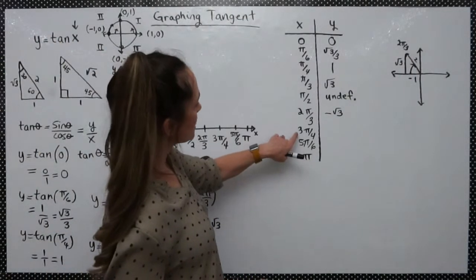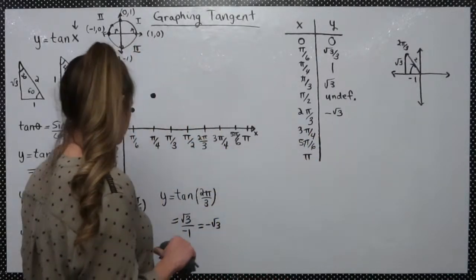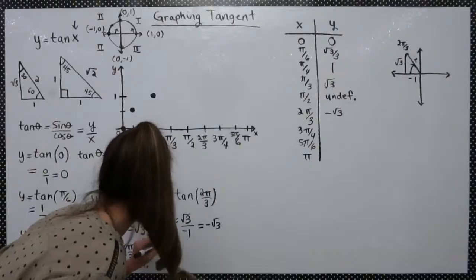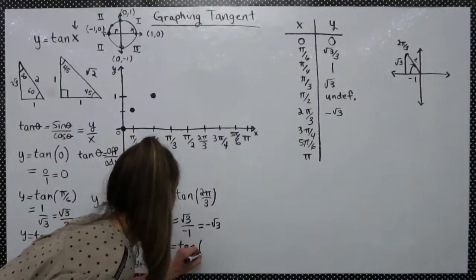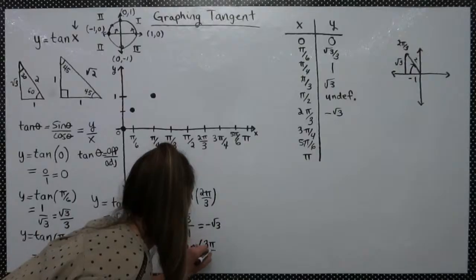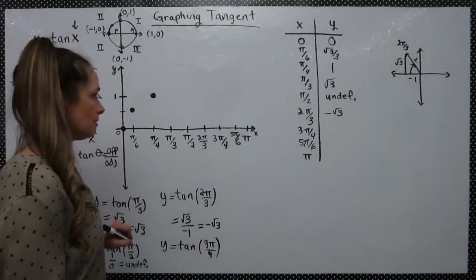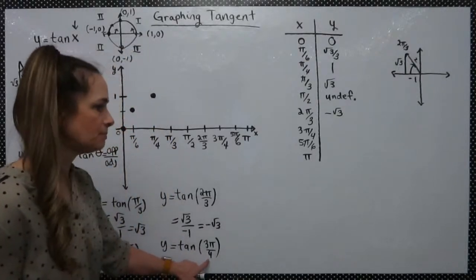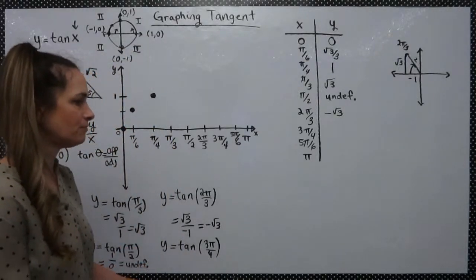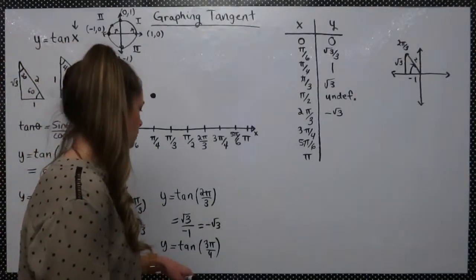All right. So we have 3 pi over 4, and that's the value we're going to calculate next. I want to see if I can try and fit it in here. So y equals tangent of 3 pi over 4. Okay. And 3 pi over 4, well, the denominator is divisible by 4, and not all those values are divisible by 4.